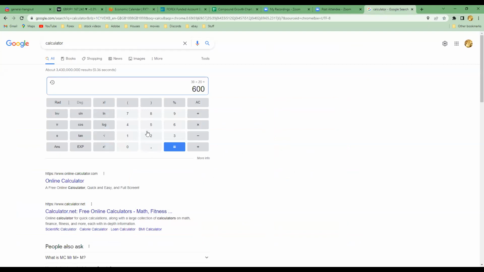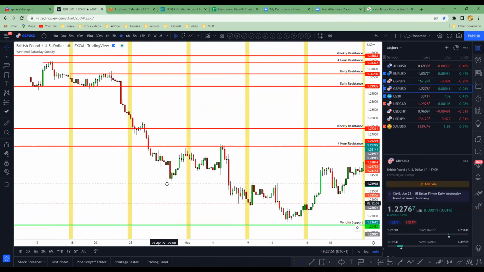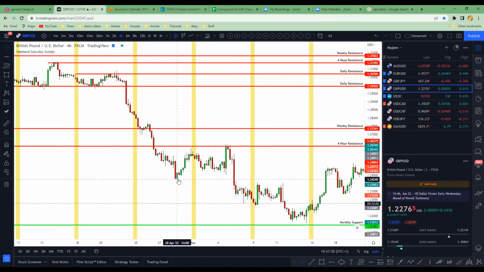Now, because there's 6 major pairs, pay attention to what I'm telling you here. 30 divided by 6 equals 5. So every single pair, if I wanted to be super lazy, I've just told you there seems to be a breakout every single week in these pairs. The sell, if not, you would have caught the buy.